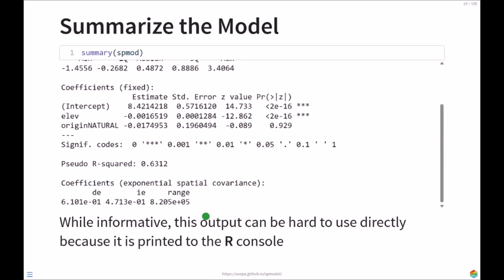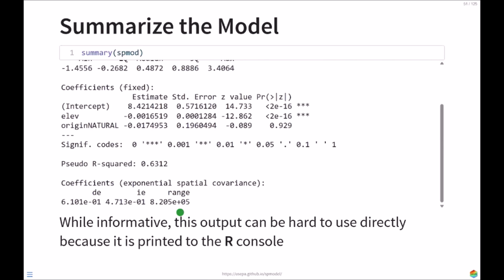And then we have estimates of the parameters corresponding to the exponential spatial covariance. So we have de, which is that variance parameter that controls the magnitude of spatial structure. We have ie, which is the magnitude of non-spatial structure, and then the range that's corresponding with that spatial covariance.